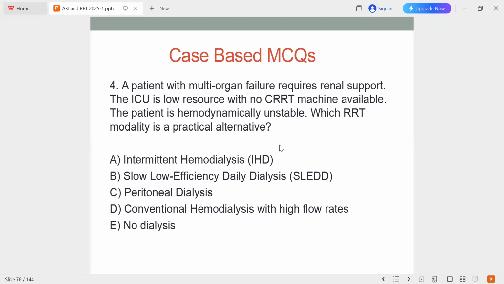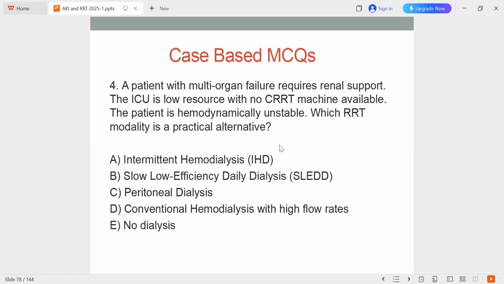Number 4, a patient with multi-organ failure requires renal support. The ICU is low resource with no continuous renal replacement therapy machine available, and the patient is hemodynamically unstable. Which renal replacement therapy modality is a practical alternative?